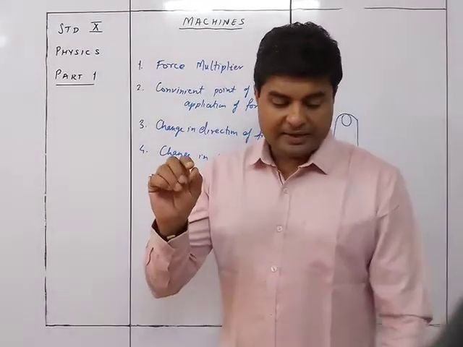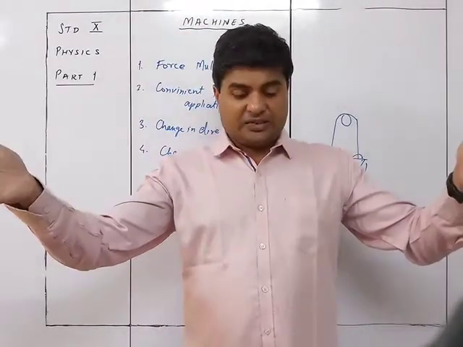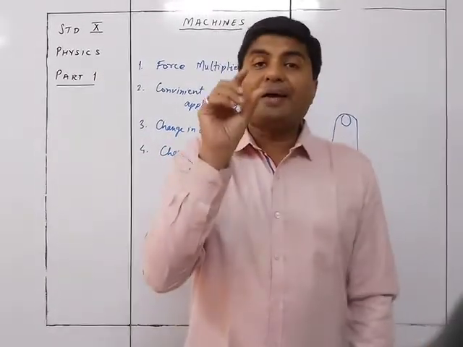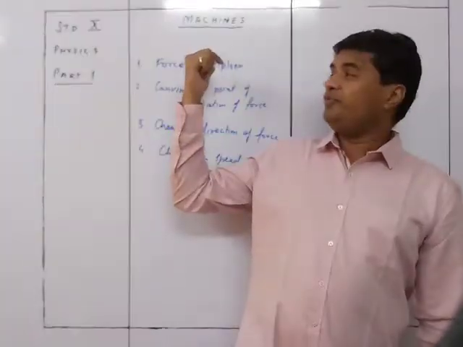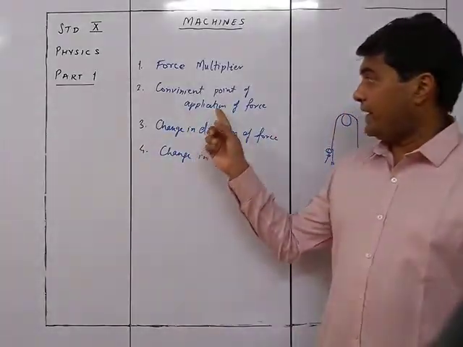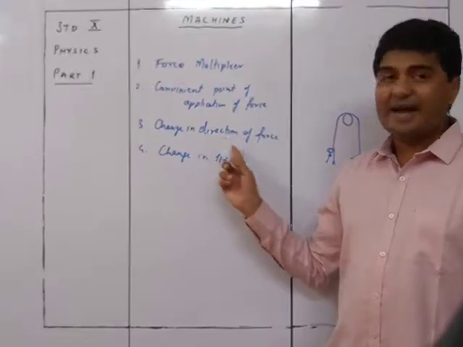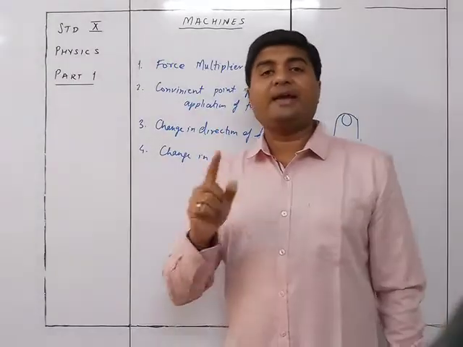A small force will be multiplied to give you a force multiplier, at a convenient point and in the desired direction, and by which we can obtain gain in speed.